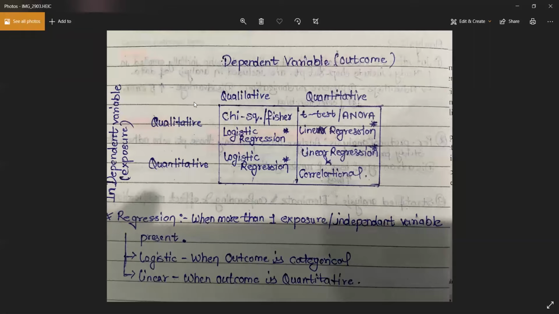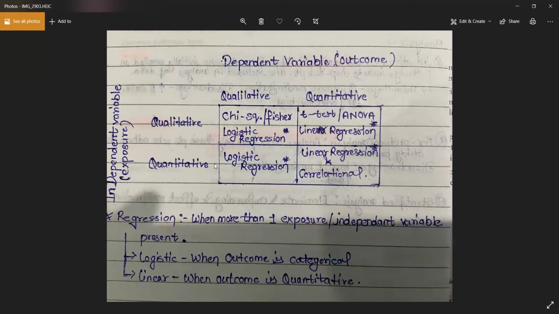And how much the iron level is increasing: the individuals who are using the vitamin have a mean iron level of 90, and the individuals who are not using the vitamin supplements have a mean iron level of like 60 or 50. As you can see, the outcome is a quantitative variable and the exposure is the qualitative variable, yes or no. So the test I can use is the t-test, or the ANOVA test, or the linear regression.